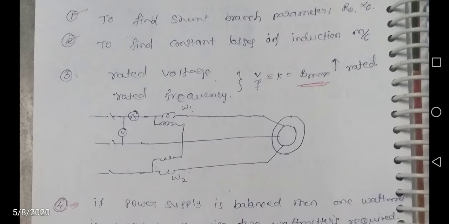In the 2 wattmeter method, current coil and pressure coils are connected. The current coil is connected to the ammeter and the pressure coil is connected across the voltmeter. This wattmeter reads the losses.